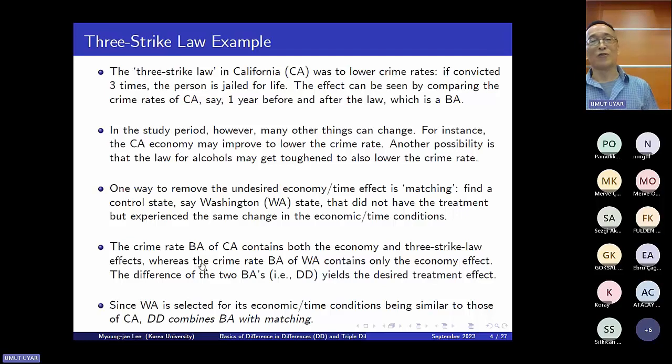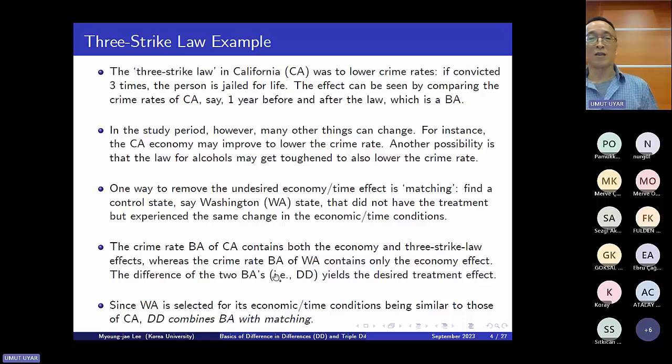So supposedly then, the crime rate before and after for California has both the economy and three-strike law effects, whereas the crime rate before and after for Washington State contains only the economy effect.